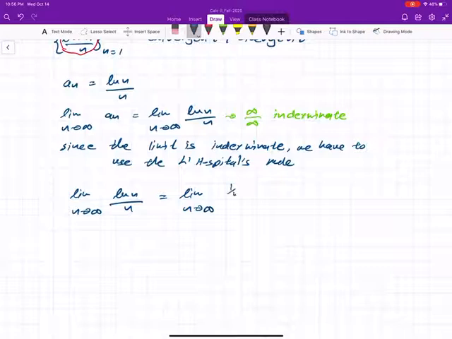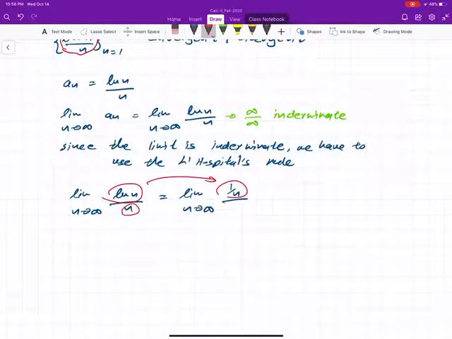The derivative of the numerator is 1 over n. The derivative of the denominator is just 1.